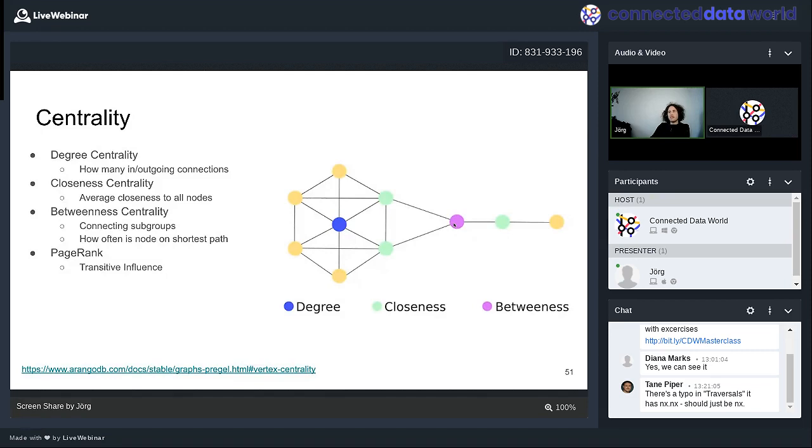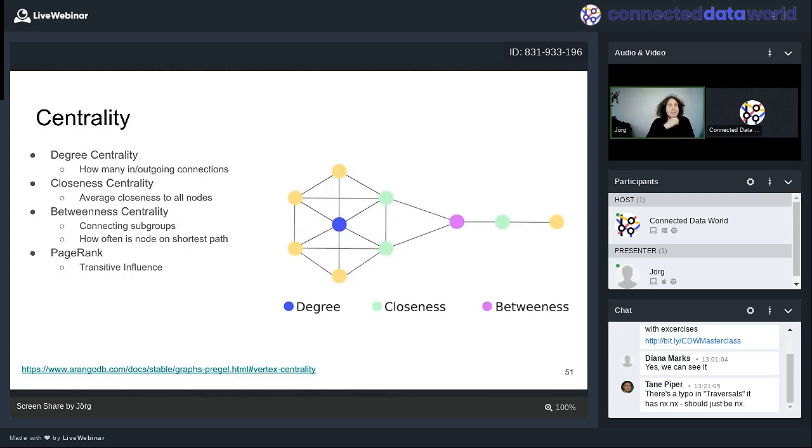So it is kind of the failure impact of a certain node, if you want to view it as such. The notion is how often a node appears on the shortest path: if we compute all pair shortest paths, between all nodes, how often does a node appear on them?